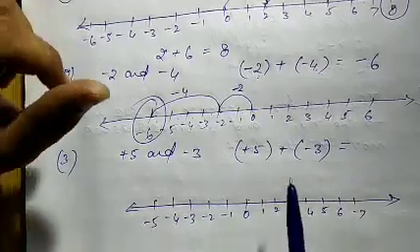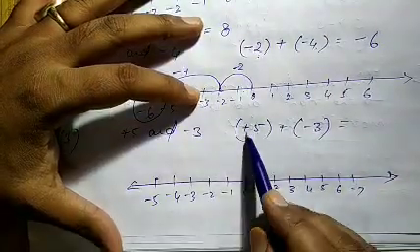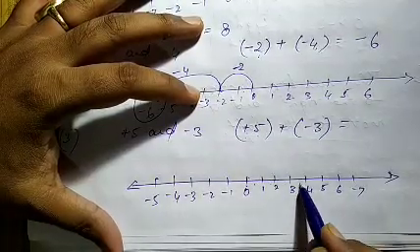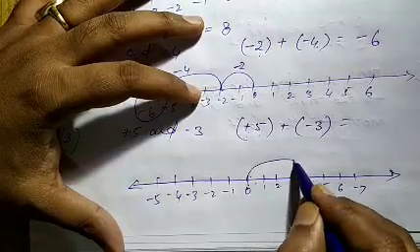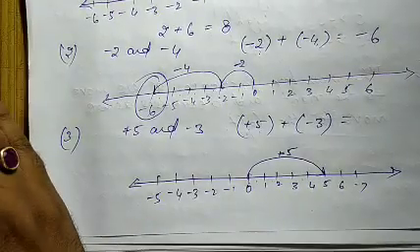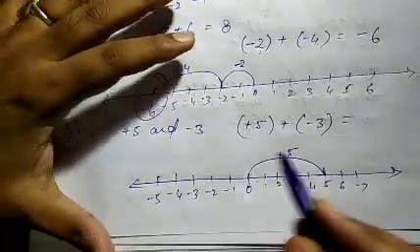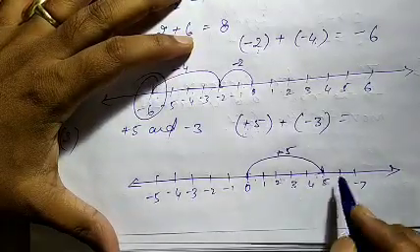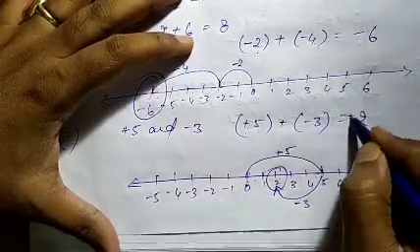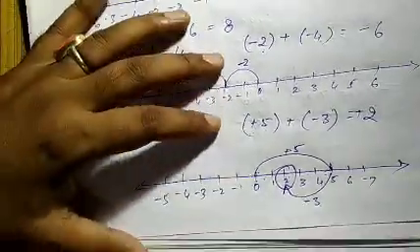See carefully, this is very important. +5: plus means you have to go right side. 1, 2, 3, 4, 5, 5 steps right from 0. This is +5. Now -3 means 3 steps left of 5. 1, 2, 3. So this is -3. So what is the answer? 2, or you can say +2. Similarly, so many examples are there.